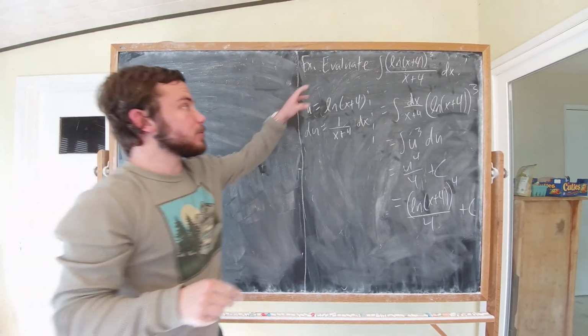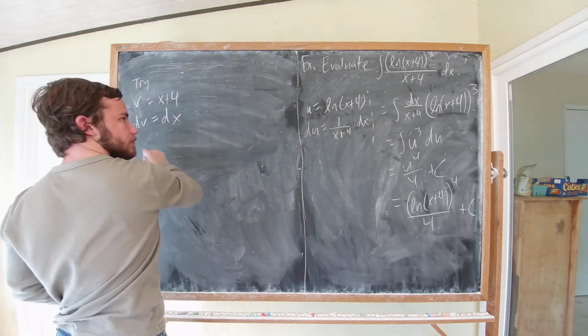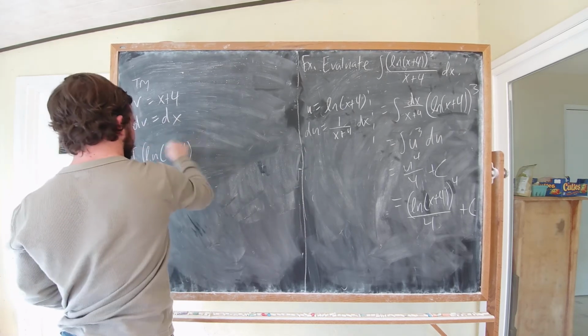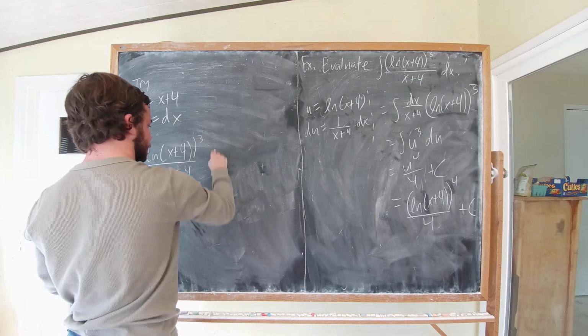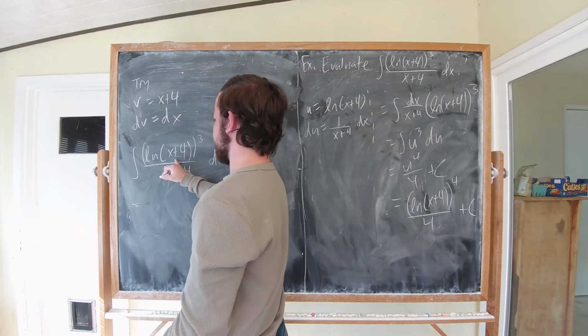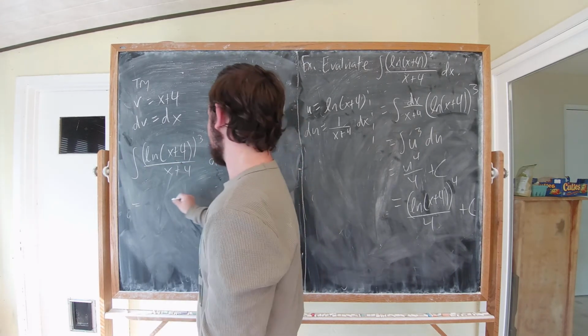If you just tried plugging those straight into the integral, that would say, okay, everywhere I see an x plus 4, I'll put a v, and everywhere I see a dx, I'll put a dv.